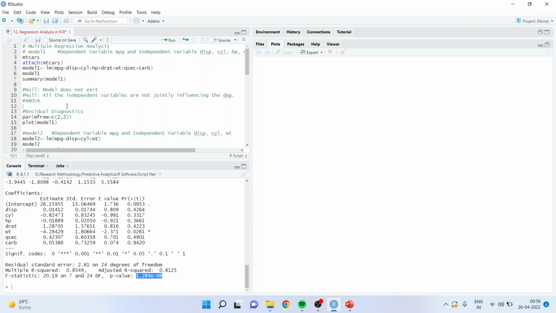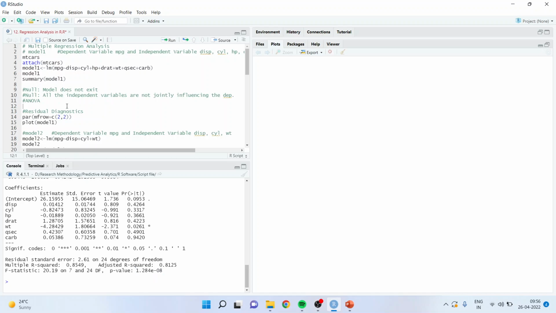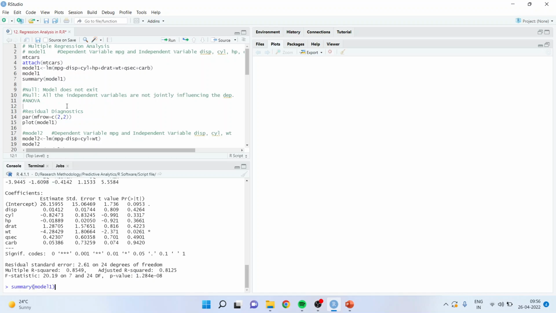The second thing which we have to check in regression is the t-test. The t-test is done for individual variables.